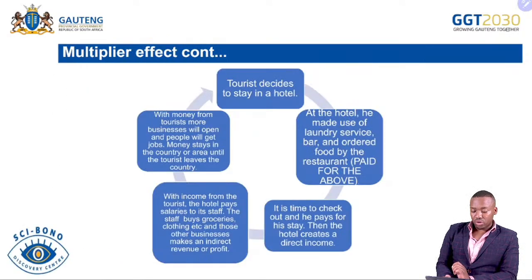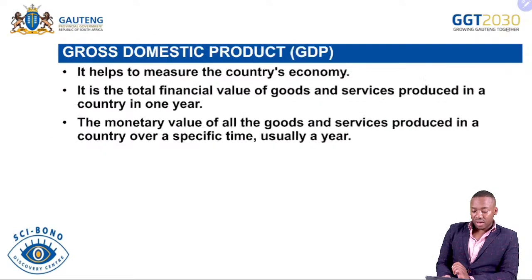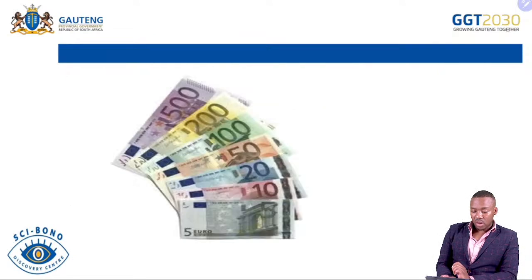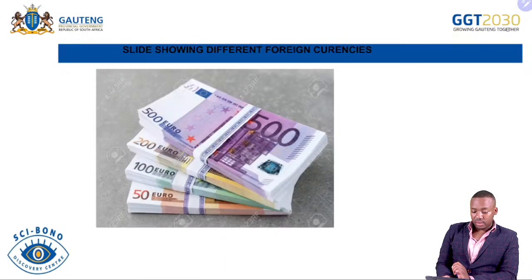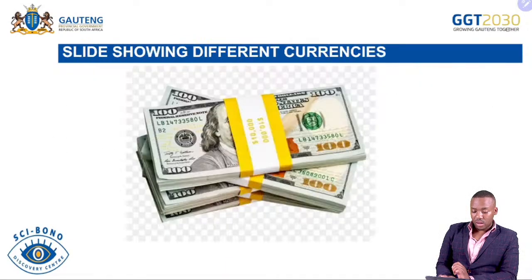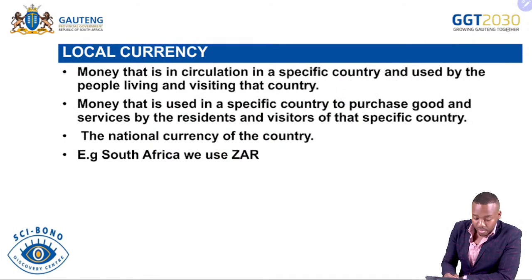There we are going to be talking about the South African rand, right? In South Africa we use ZAR, which is the South African rand. So what is local currency?